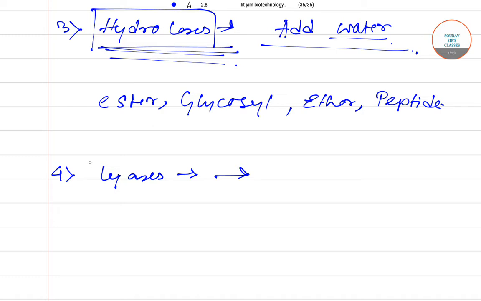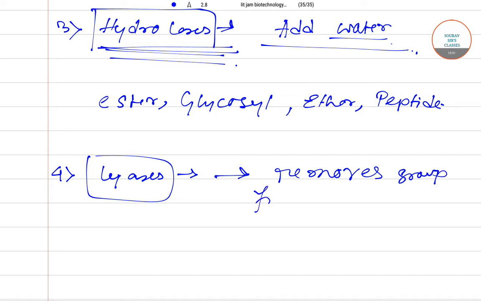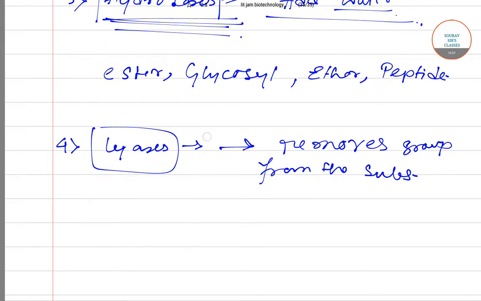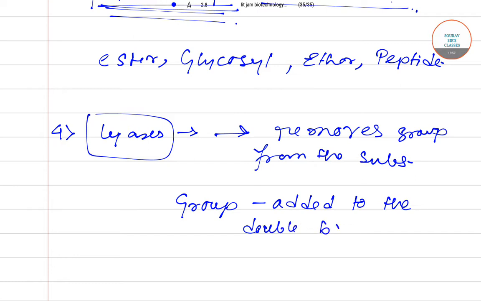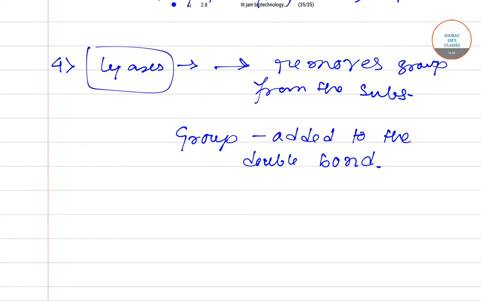So lyase is the enzyme that removes groups from the substrate, and double bonds are formed, or functional groups are added to the double bond. Now the fifth one is isomerases.